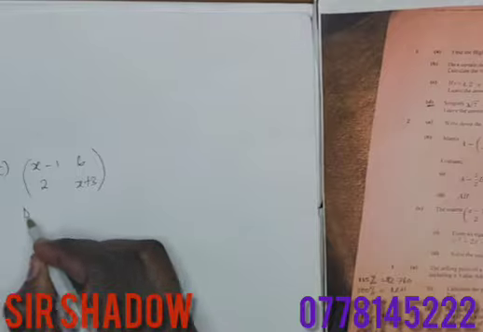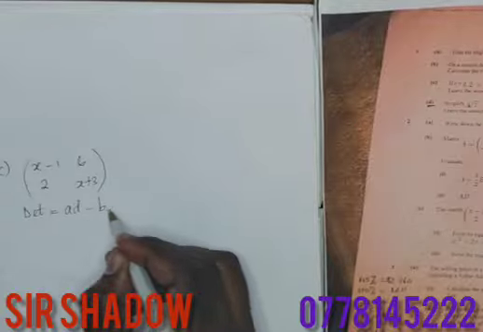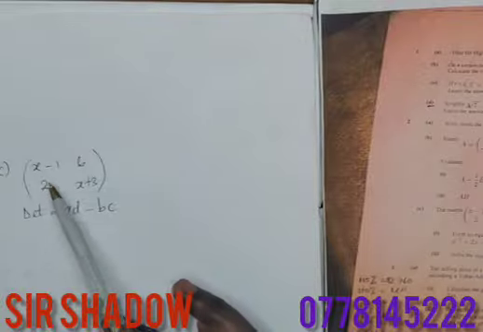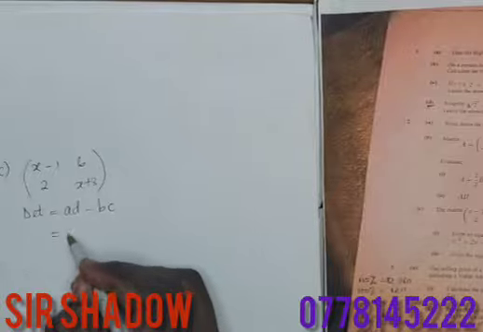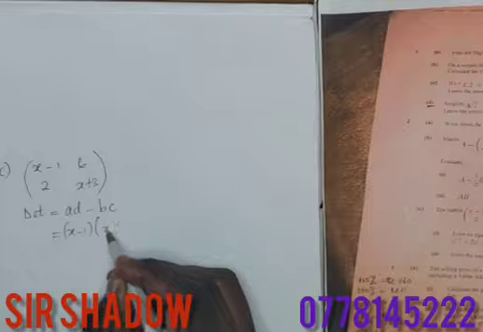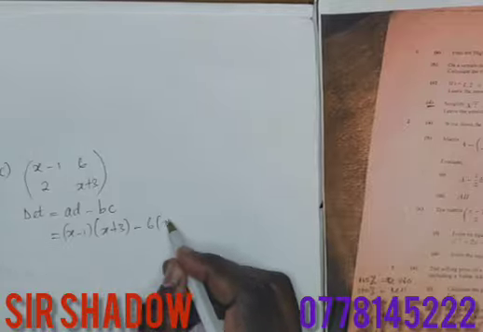The determinant is equal to AD minus BC. Which one is our A, which one is our B, C and D? We're given x minus 1 as our A. So we have x minus 1 multiplied by D, which is x plus 3, minus BC, which is 6 times 2.